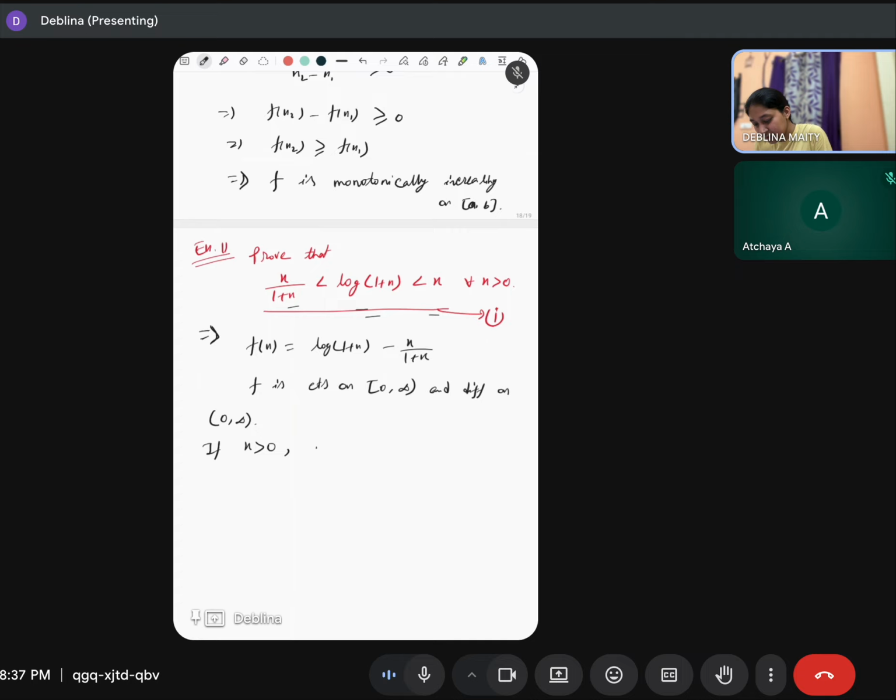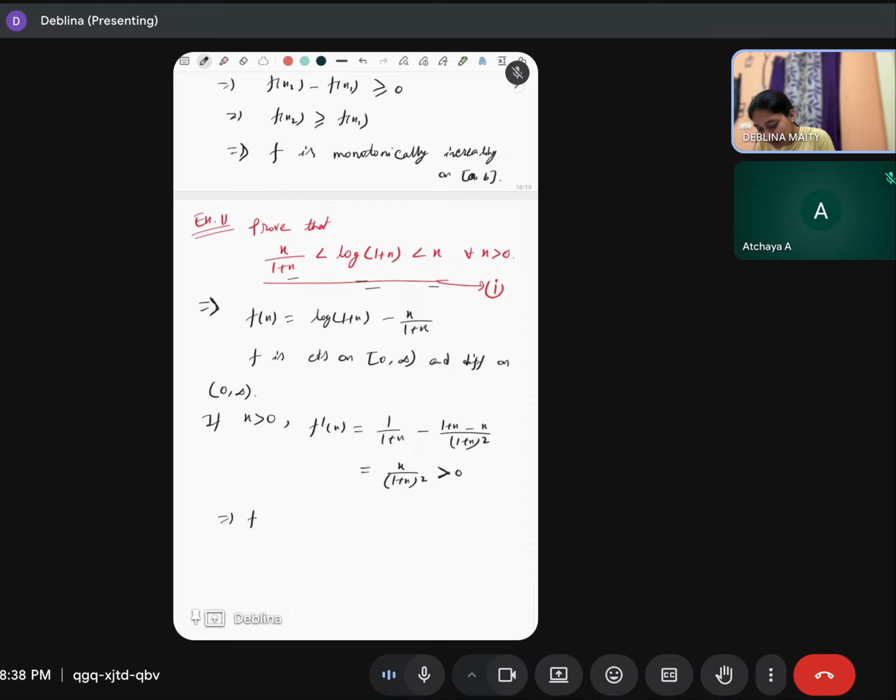If x is greater than 0, then what is f dash x? f dash x is x by (1 plus x) whole square. Now since x is greater than 0, this is greater than 0. So f dash x is strictly greater than 0, so f will be strictly increasing.